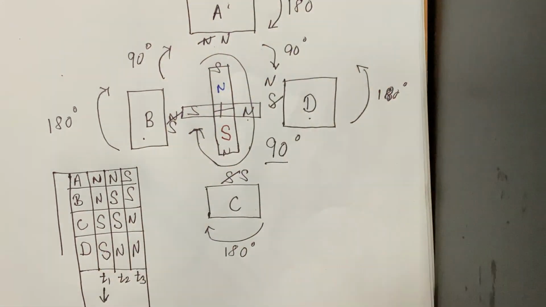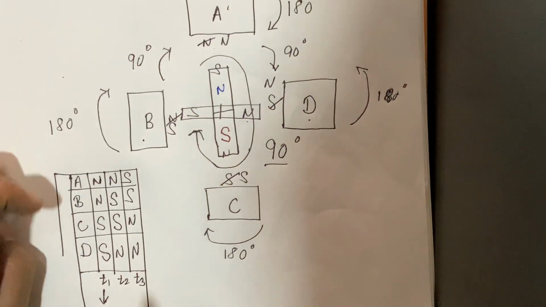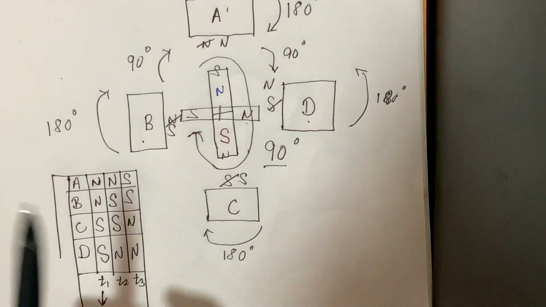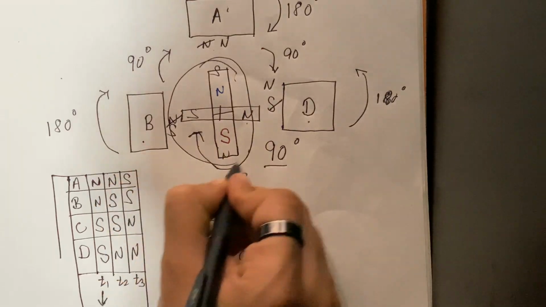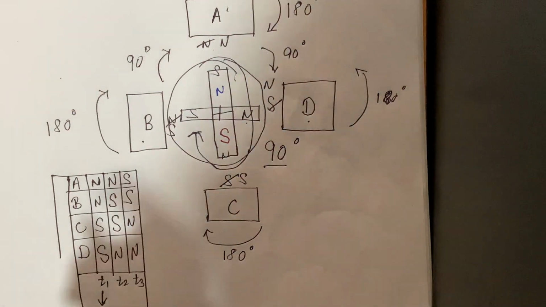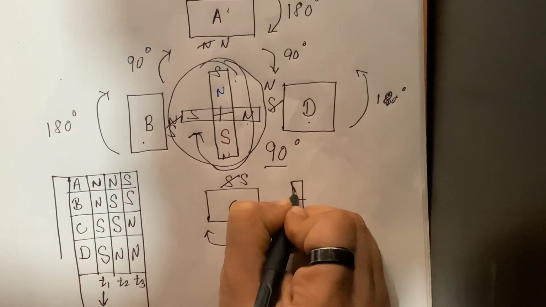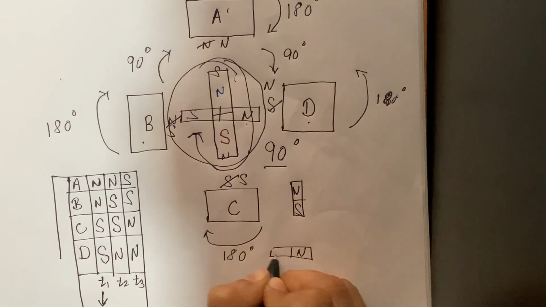So what I mean by this is, if we keep changing these configurations, for the central magnet there are four main cases. One is where this is the case, north and south. Another is this, north, south.